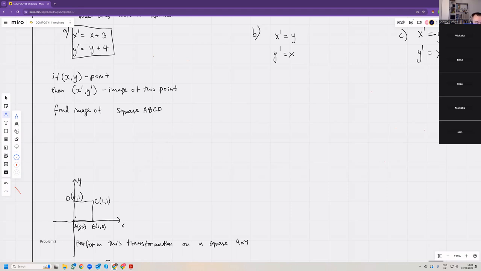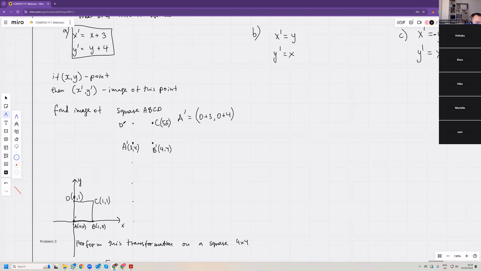So A dash is the image of A. A dash is equal to 0 plus 3 and 0 plus 4. So that's going to be (3, 4). So this is A dash, which has coordinates (3, 4). B dash, that's the image of B, has coordinates (4, 4). C dash has coordinates (4, 5).